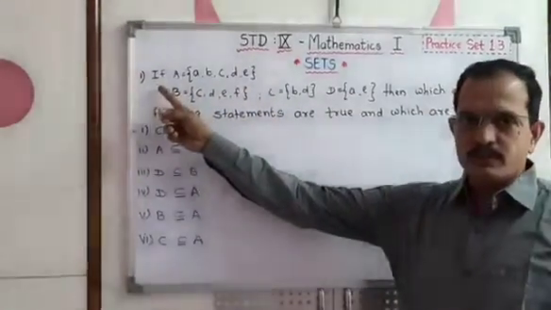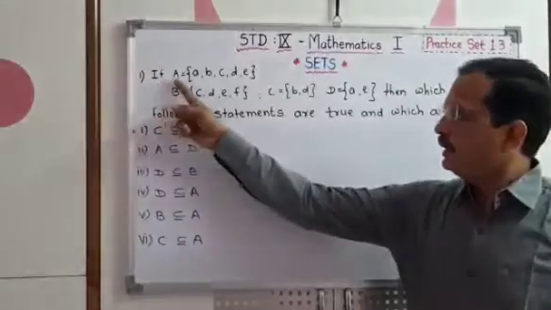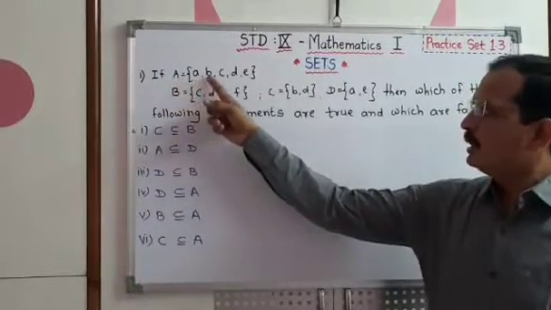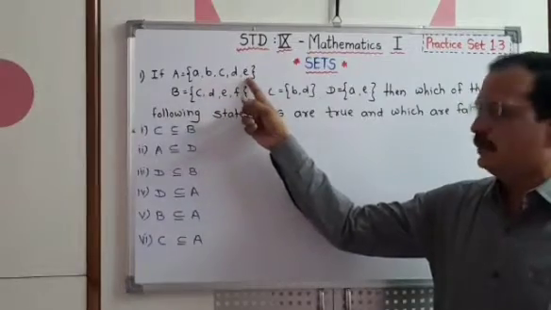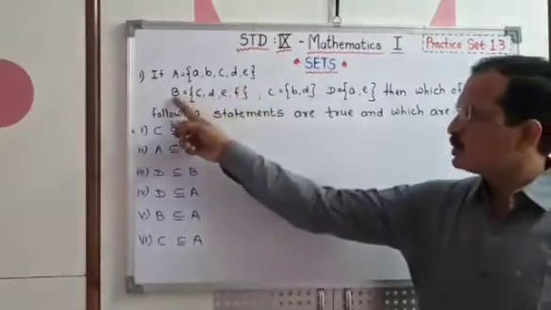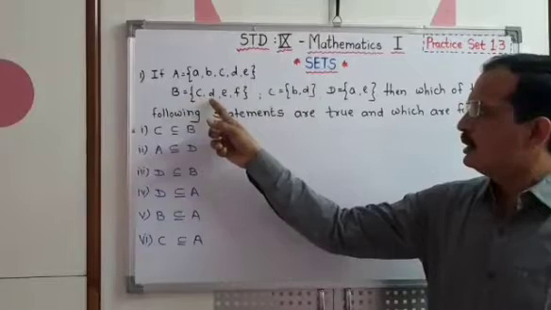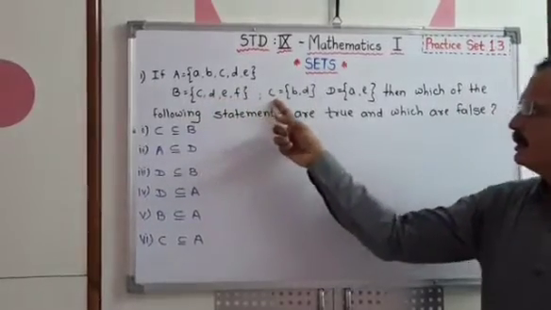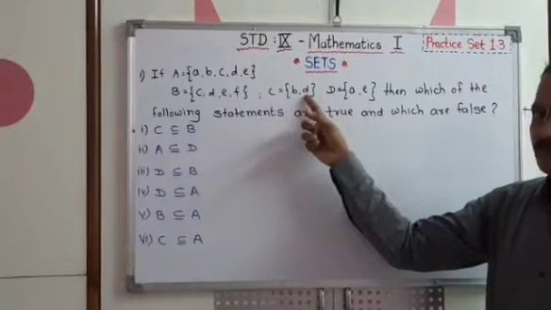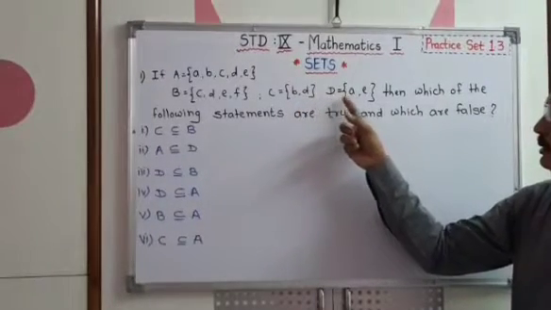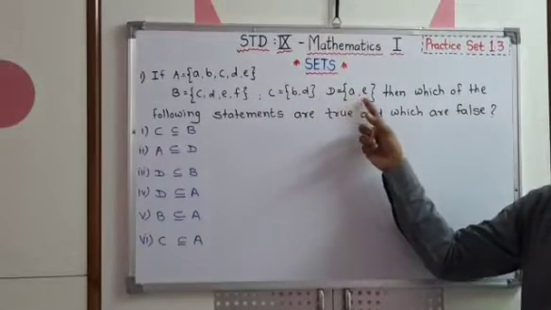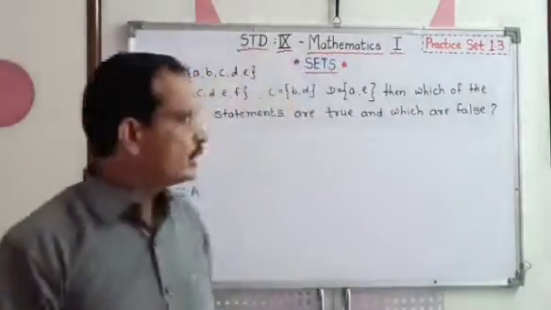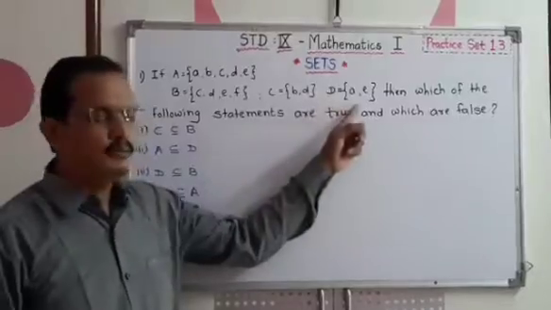See question number one. A is a set whose elements are A, B, C, D and E. The elements of set B are C, D, E, F. Then set C has elements B and D, and another set D has elements A and E. That means four sets with their elements are given.